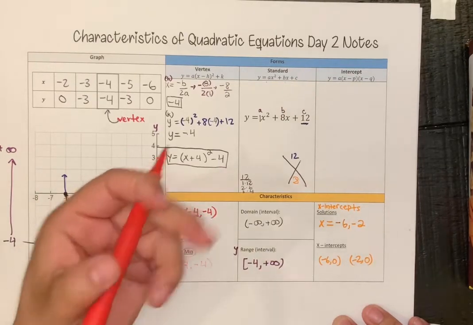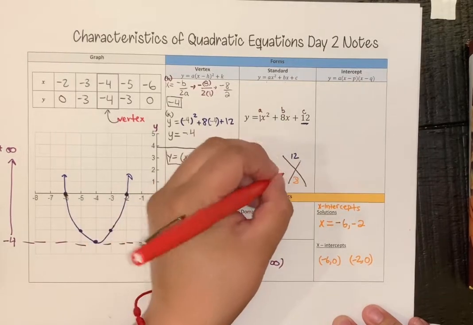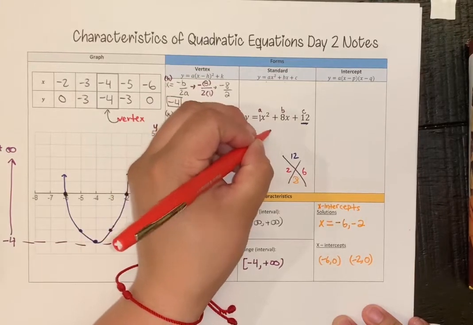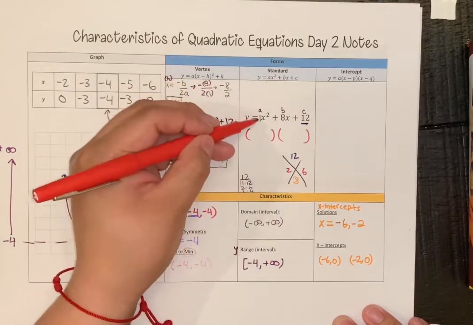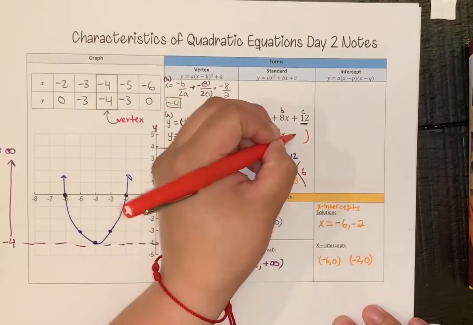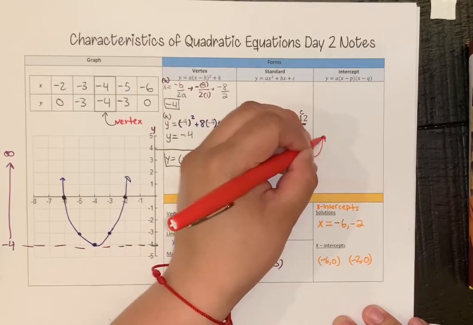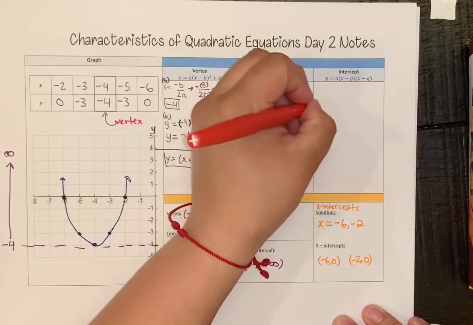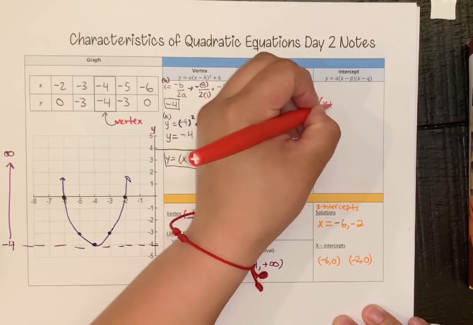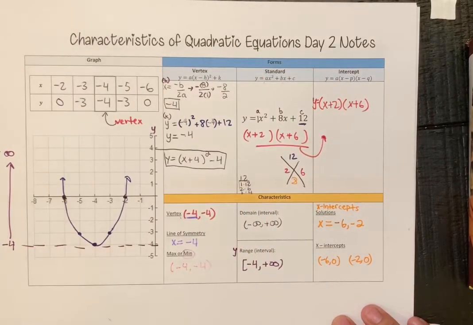I have to find which of these pairs gives me a sum of 8. It is 2 and 6. So I have 2 parentheses. I don't have an a, so it's just an x, and it'd be plus 2 and plus 6. And this would just go right here. So my x-intercept form is y equals (x plus 2)(x plus 6). And I am done.